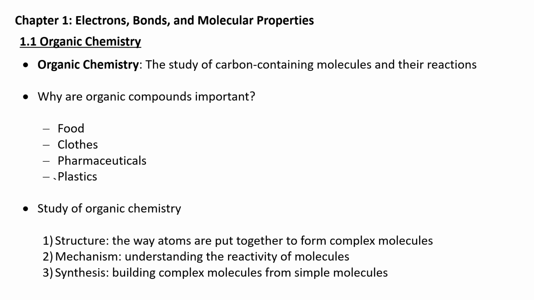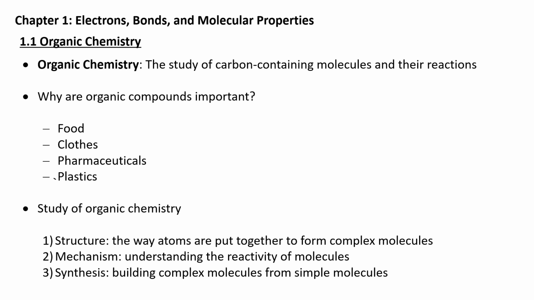Organic chemistry is simply the study of carbon-containing molecules and their reactions, and we're really only going to be dealing with a handful of elements, unlike your general chemistry course, which dealt with the entire periodic table. We're going to be dealing with carbon, nitrogen, oxygen, sulfur, phosphorus, and a few of the halogens. And that's basically it, with that focus on carbon-containing molecules.